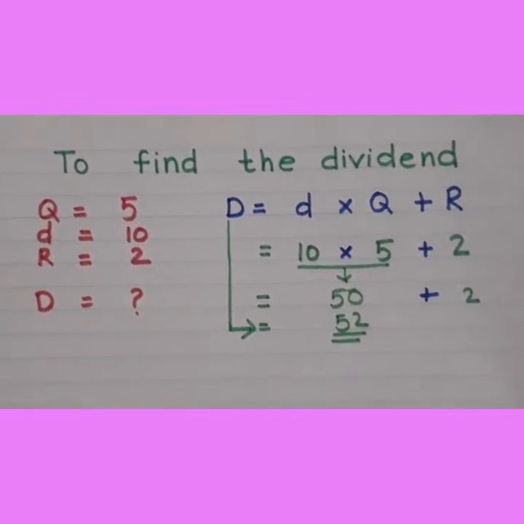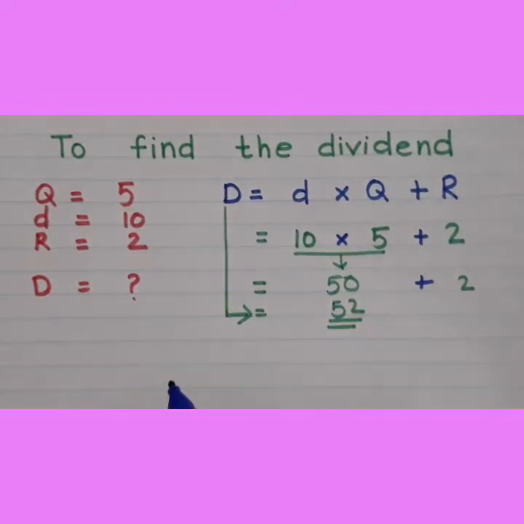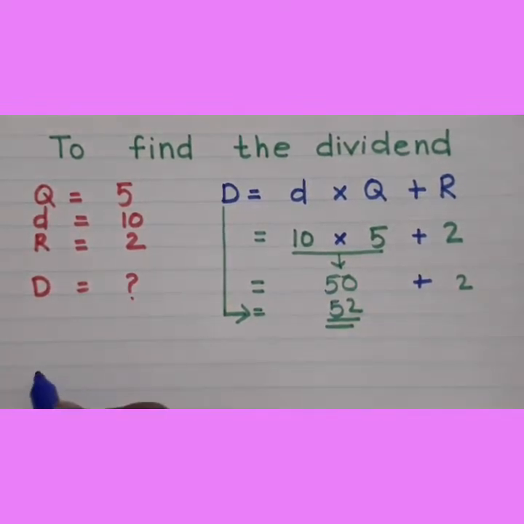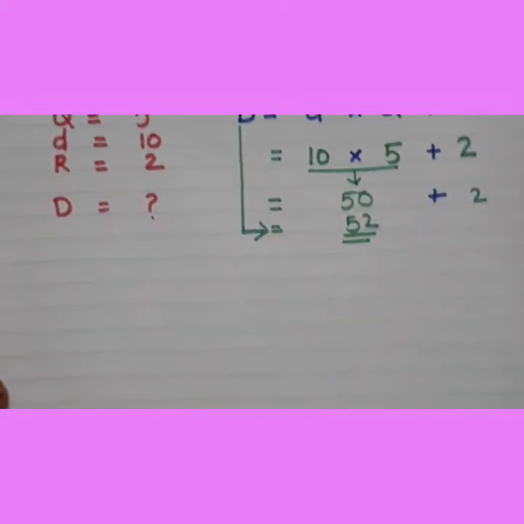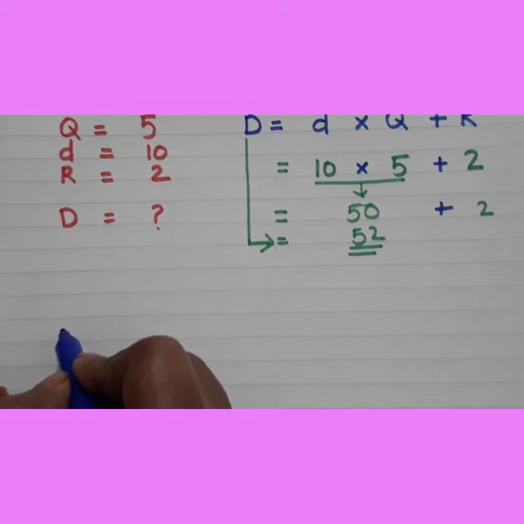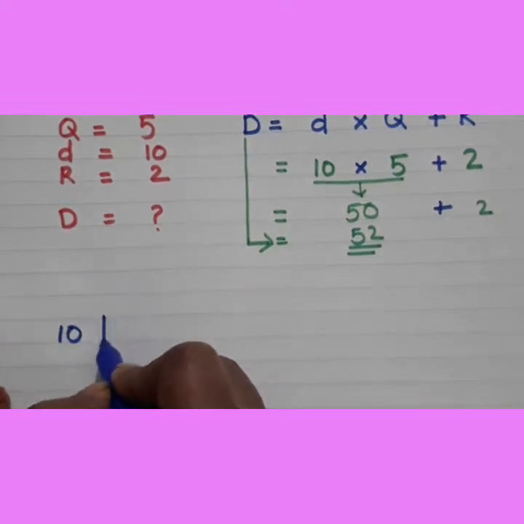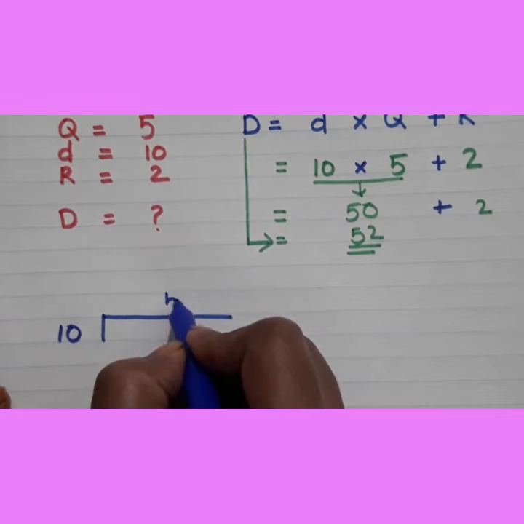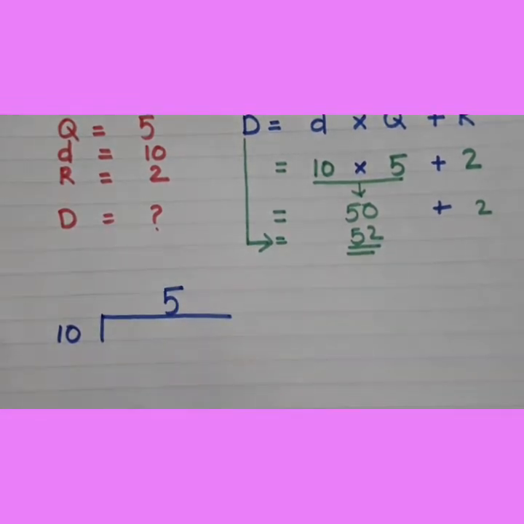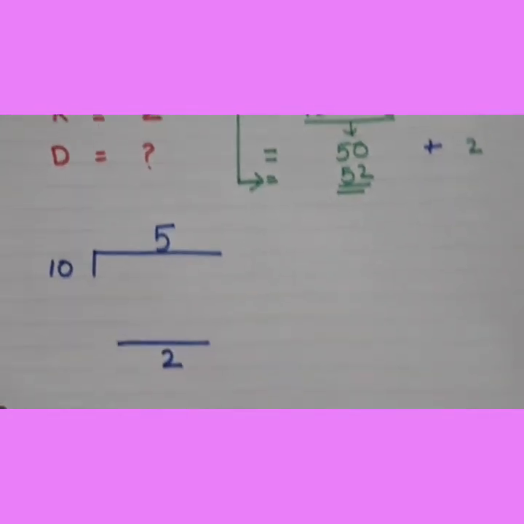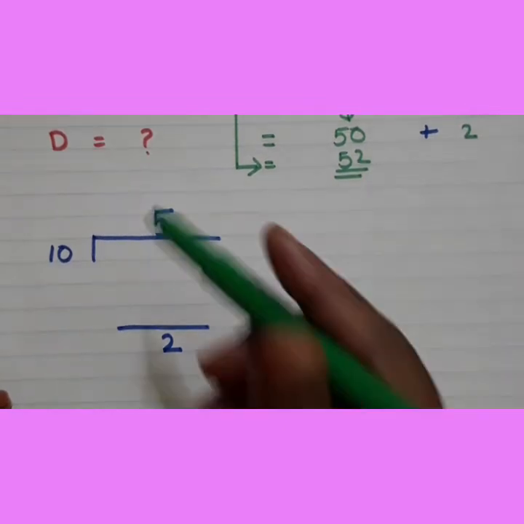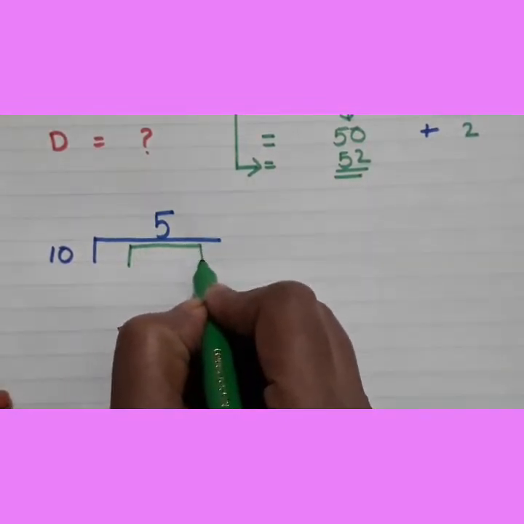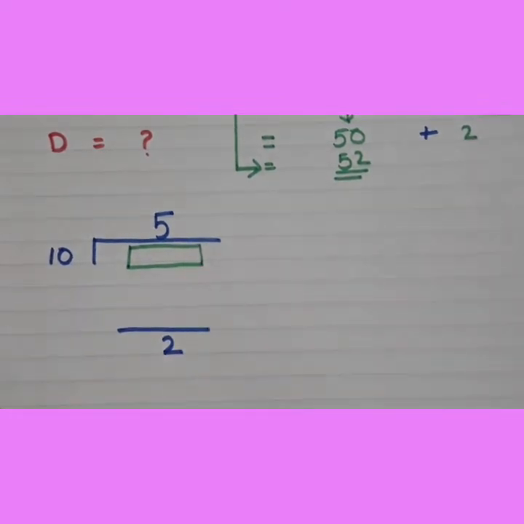Now see what actually we have done. Let's take this question this way. Try to understand, children. It's given to us this way. Divisor is given to us as 10. Quotient given to us is 5. And the remainder given to us is 2. This is the question that is given to us. And what is asked from us? It's asked that we should find the dividend. Do you remember when I was teaching division, I had taught you how to check your answer.